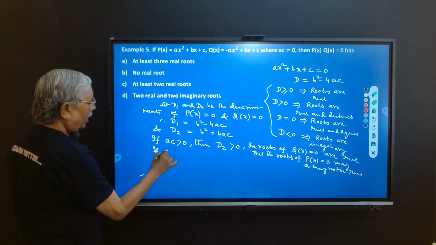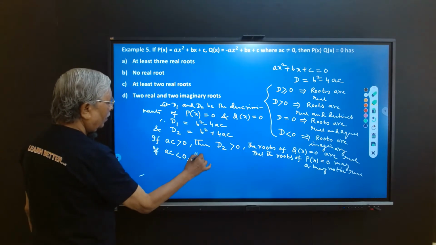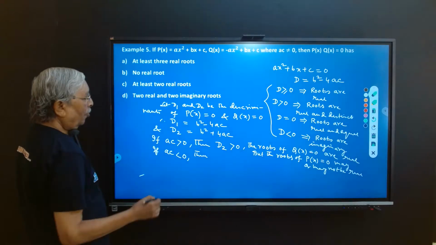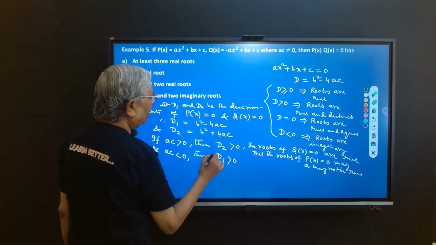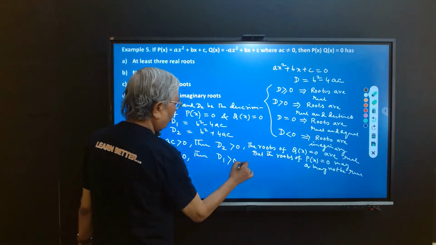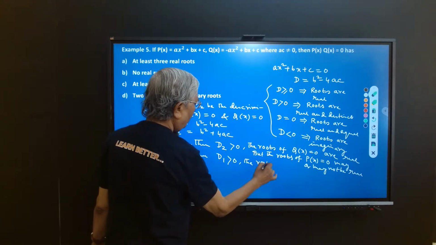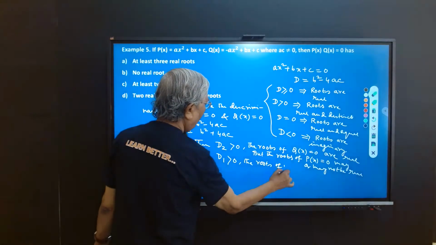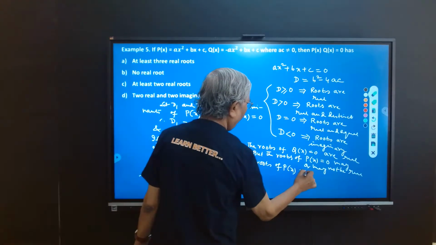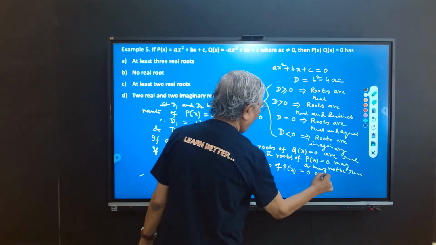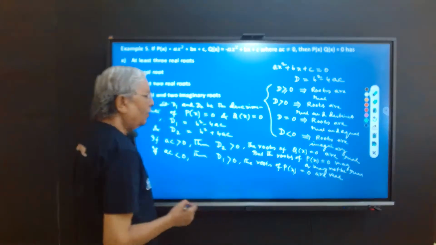If AC is less than 0, that is, if AC is negative, D1 is positive. D1 is positive means the roots of Px is equal to 0 are real.